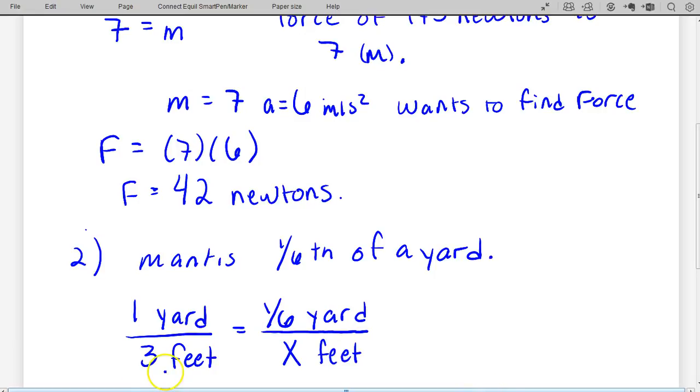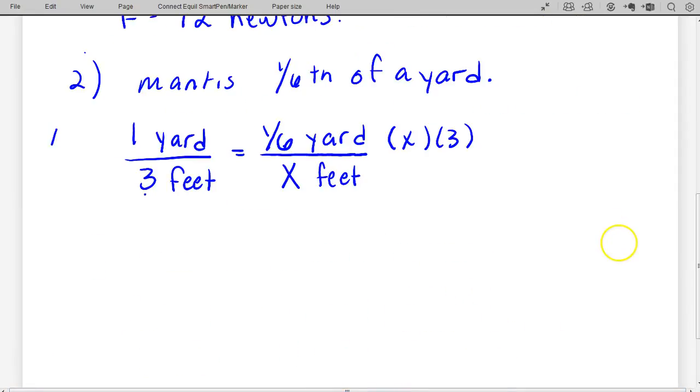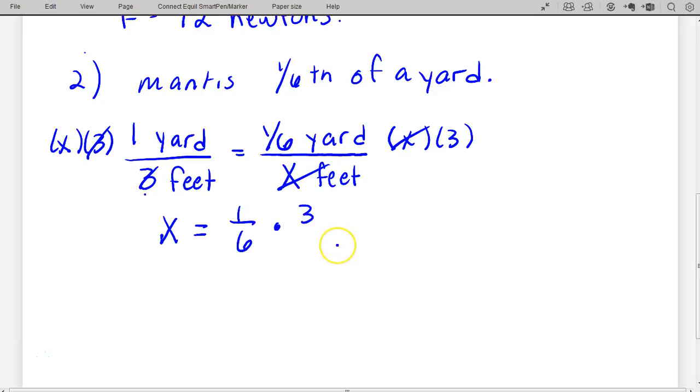We have 1/6 times, oh wait, let's see, how do you want to do this? We're going to multiply both sides by X and both sides by 3, our denominators. Here the 3's cancel and here the X's cancel. So I have X times 1 is just X equals, and then we have 1/6 times 3.